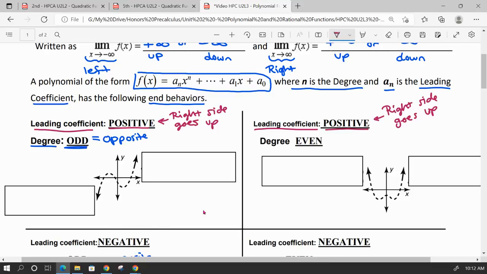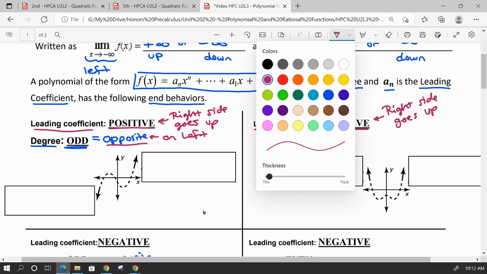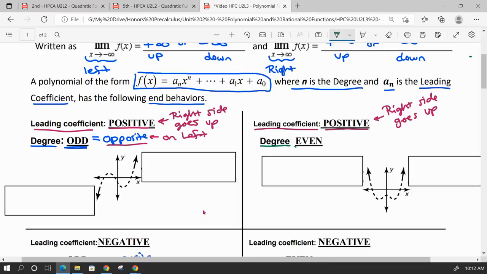And then once you know that the right side of the graph goes up, then you know that if it's odd, the left does the opposite. If you have an even degree function, think same on the left.